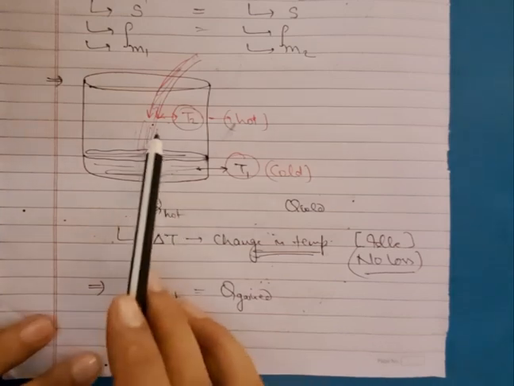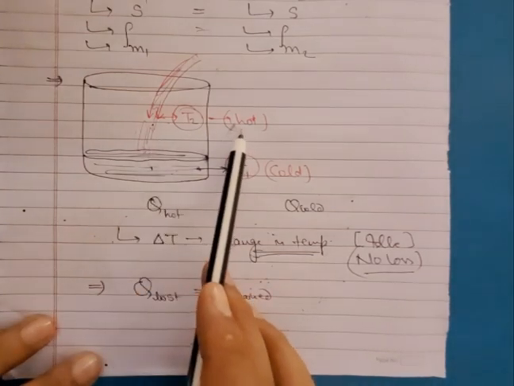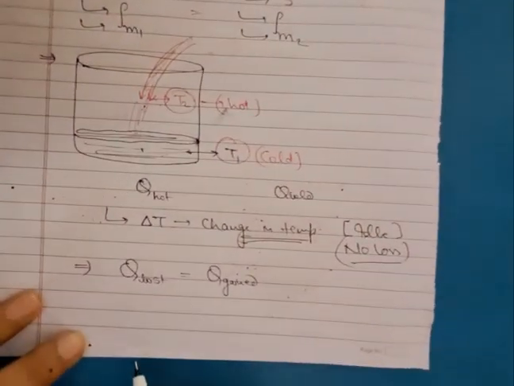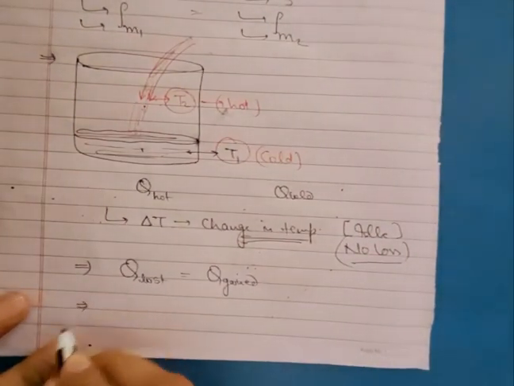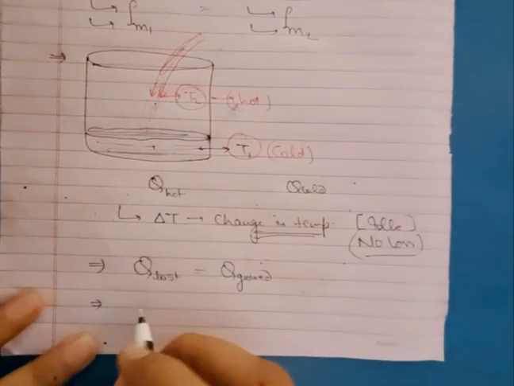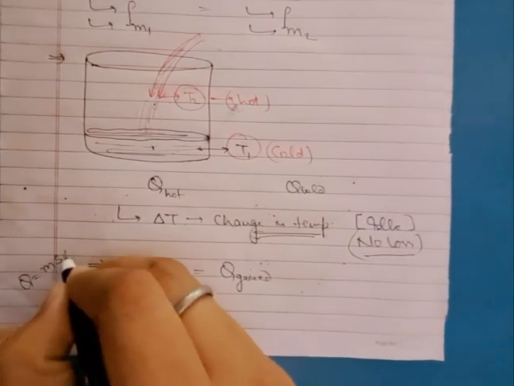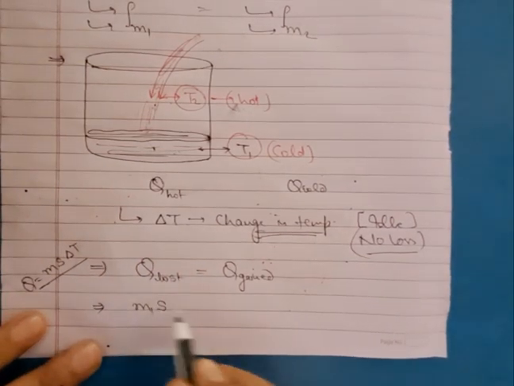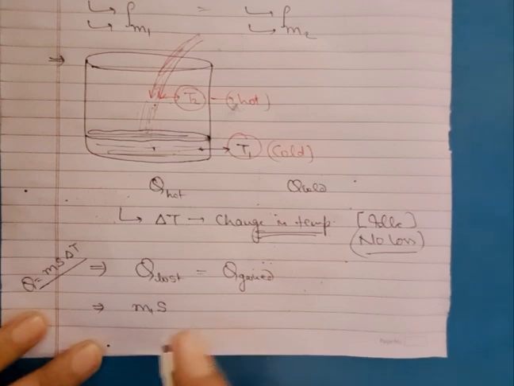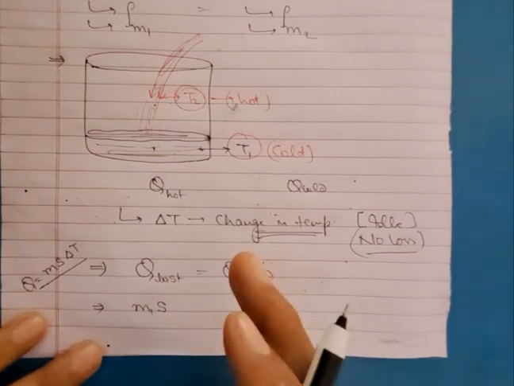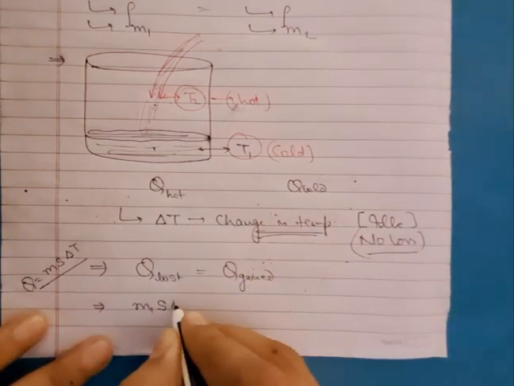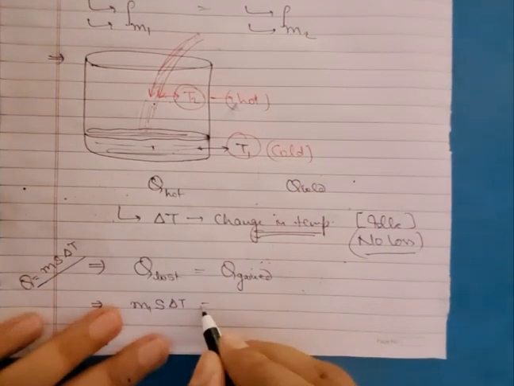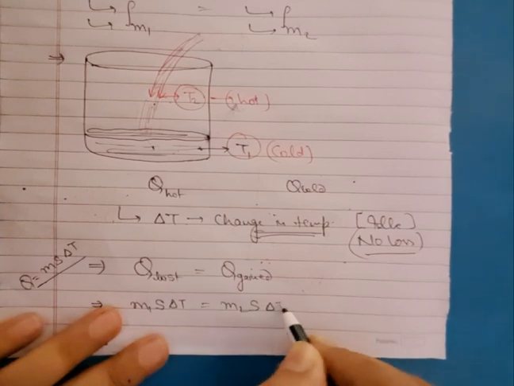The heat lost by the fluid at temperature T2, the second fluid, Q is equal to m s delta T. So this is m1 s delta T, and since both are the same fluid, the specific heat s will be the same, is equal to m2 s delta T.